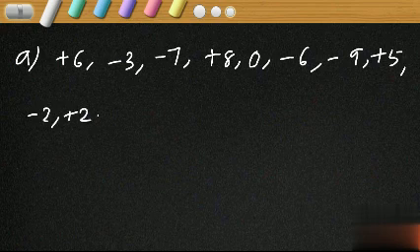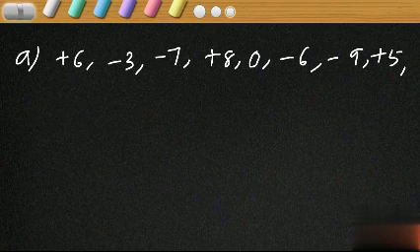These numbers have to be arranged in the ascending order and descending order using a number line, isn't it? Okay, let me write here minus 2, plus 2.